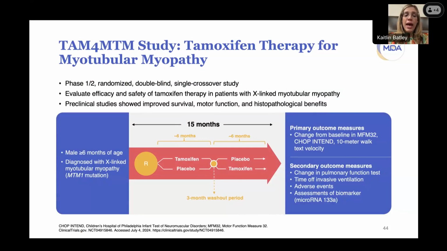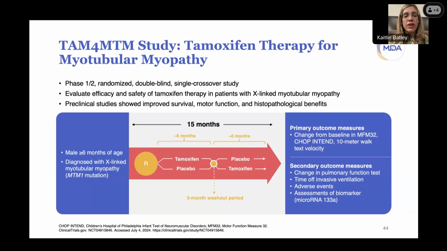This is again looking at boys with X-linked myotubular myopathy, and they have to be more than 6 months of age. The primary outcomes in this study are looking mostly at motor function, and then some of the secondary outcome measures will look at pulmonary function and breathing as well.